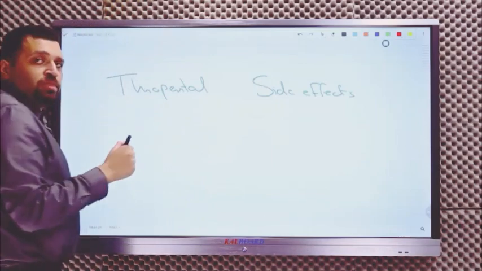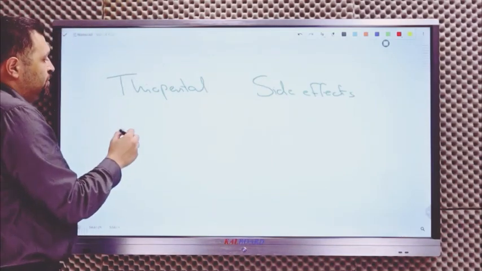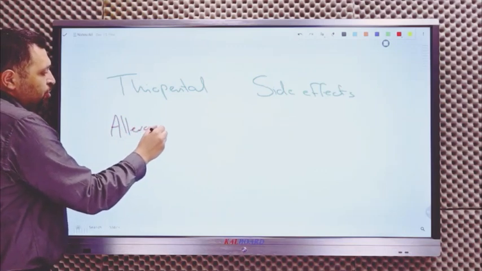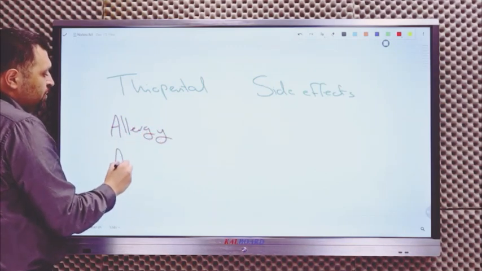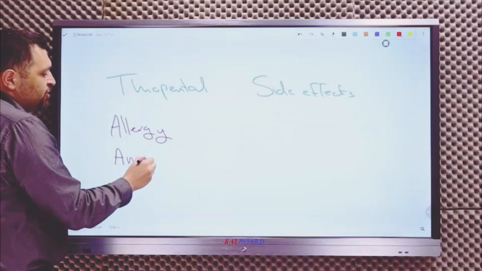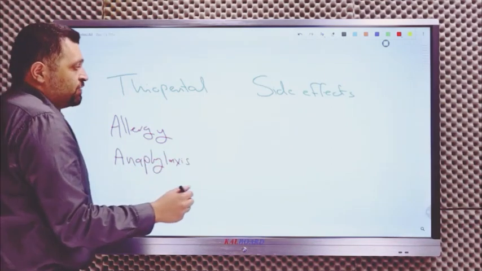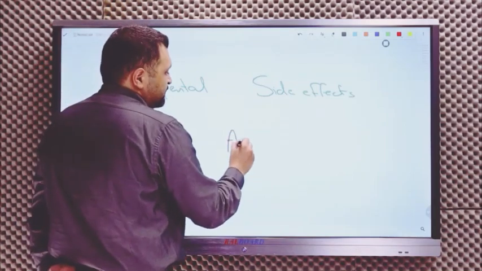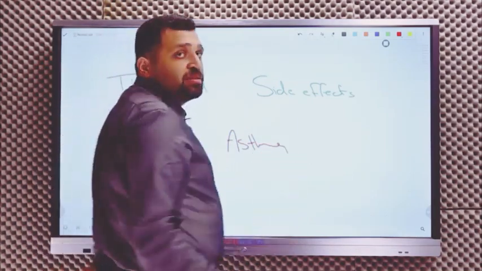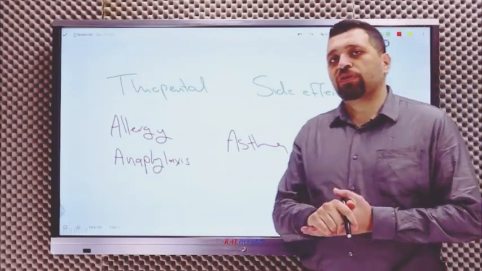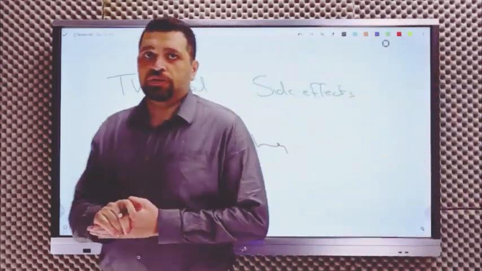First of all, thiopental in people who have allergy can make a problem, especially in people who have severe allergy or anaphylaxis. That's why if someone is having asthma, it's better to avoid thiopental. You can give propofol and even better ketamine.